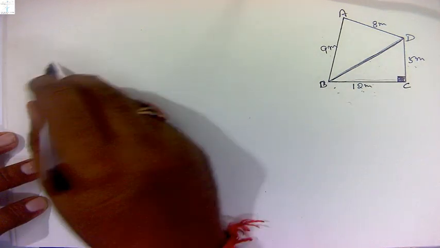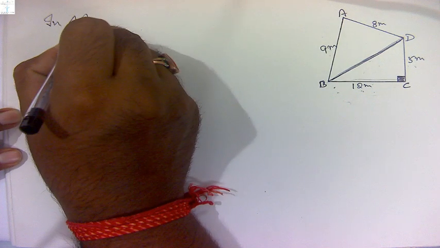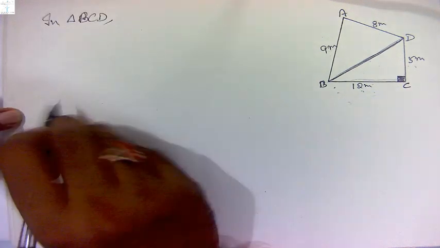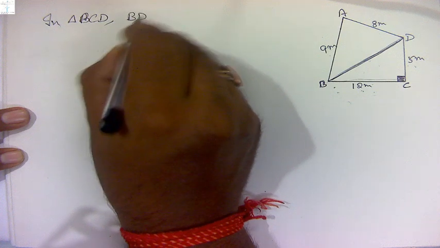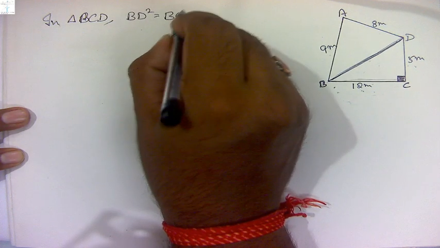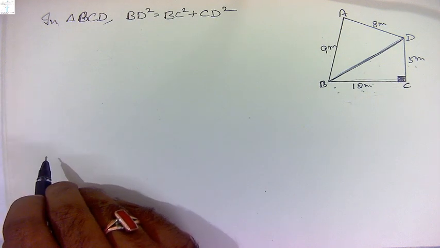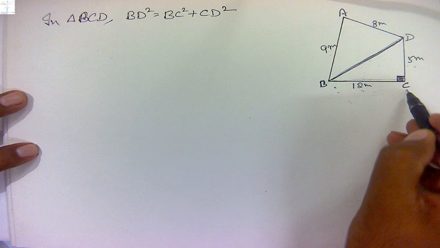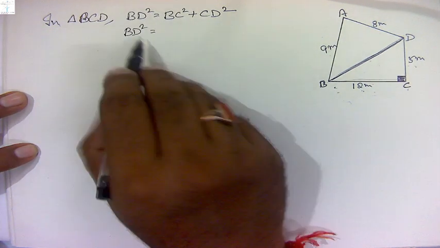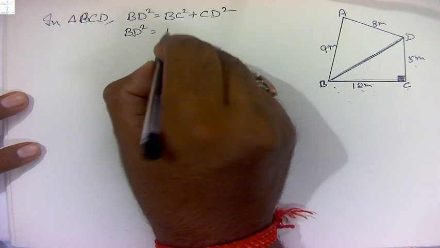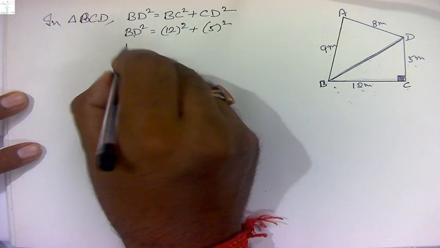So first of all, we will take the triangle BCD. Now in this triangle BCD, you have BD squared equals BC squared plus CD squared. So from here we are going to calculate the length of BD. BC is 12, so 12 squared plus 5 squared.